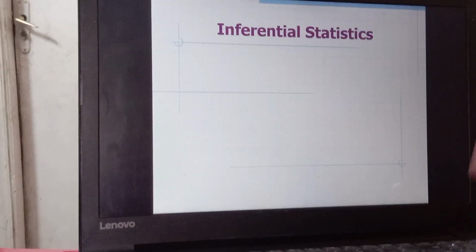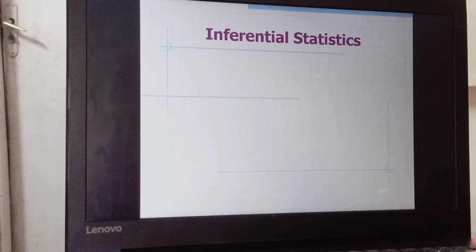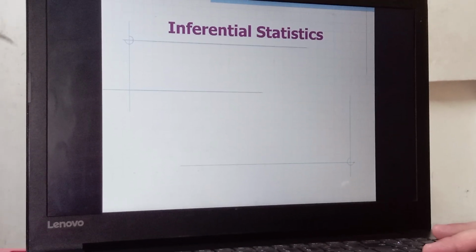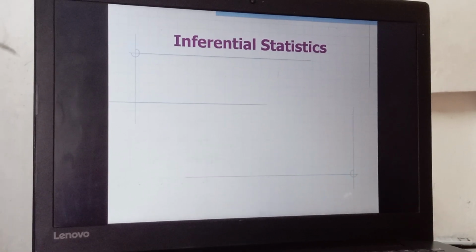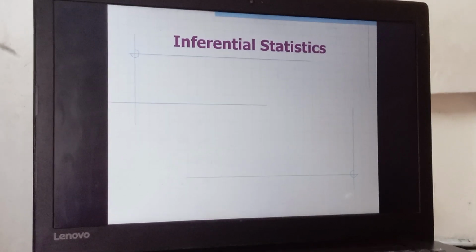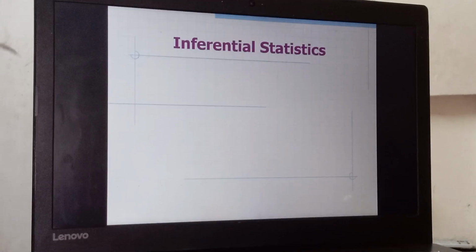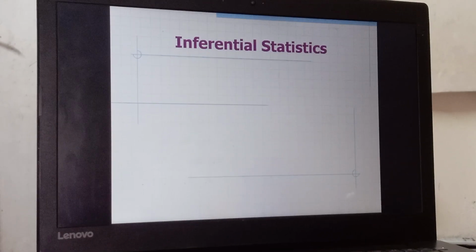Inferential statistics, as the name indicates, inferential is meant to conclude something, to reach a conclusion, to bring out the inference. And in order to scientifically and statistically prove the results, we make use of inferential statistics.